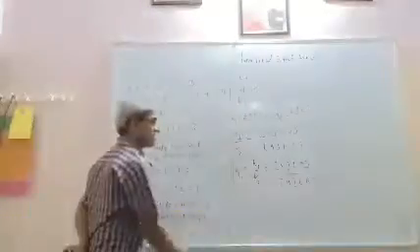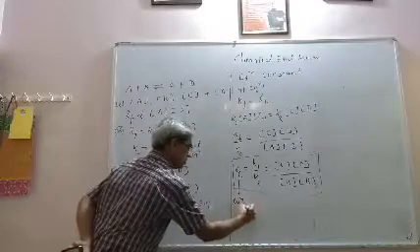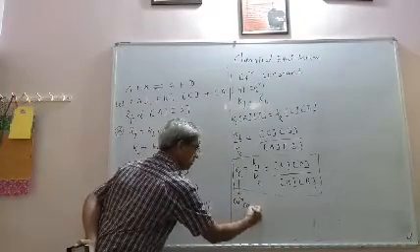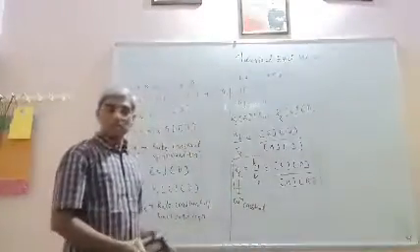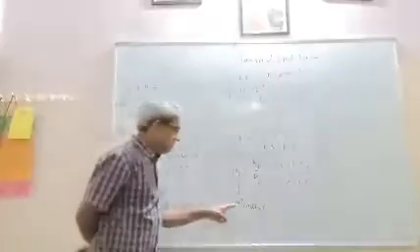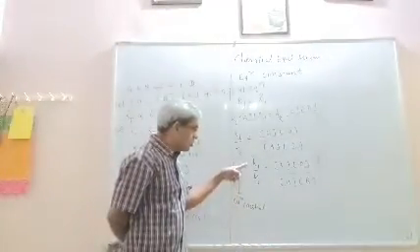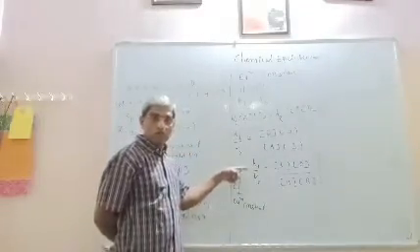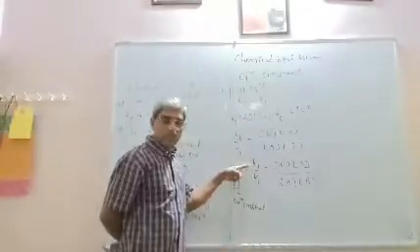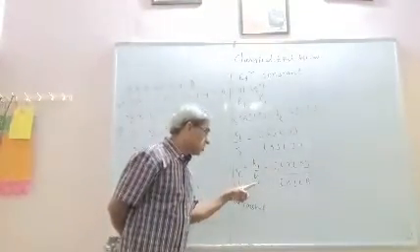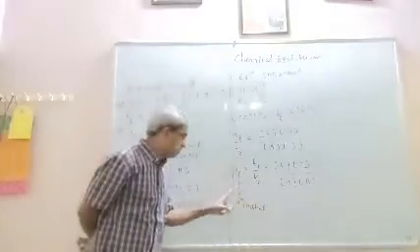And this Kc is called the equilibrium constant. The equilibrium constant is defined as the ratio of two rate constants, the ratio of the rate constant of the forward reaction and the rate constant of the backward reaction. I will repeat the same.